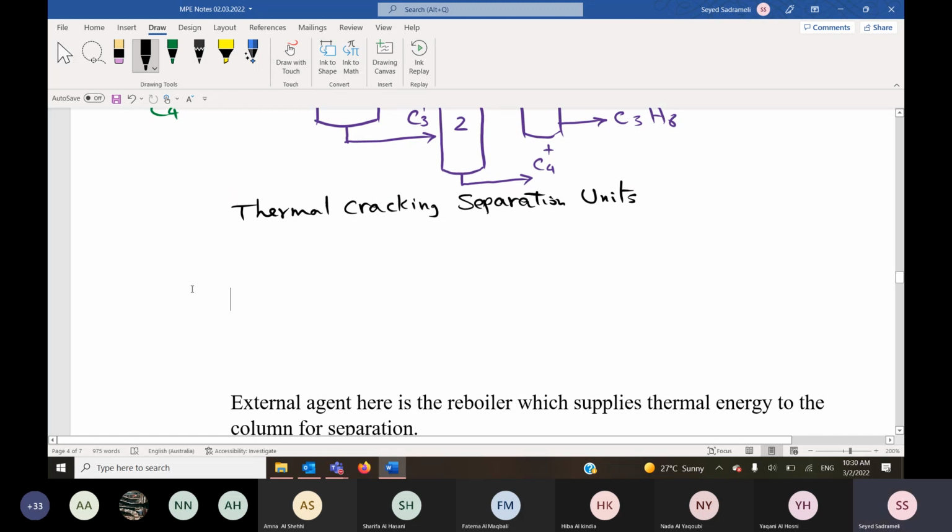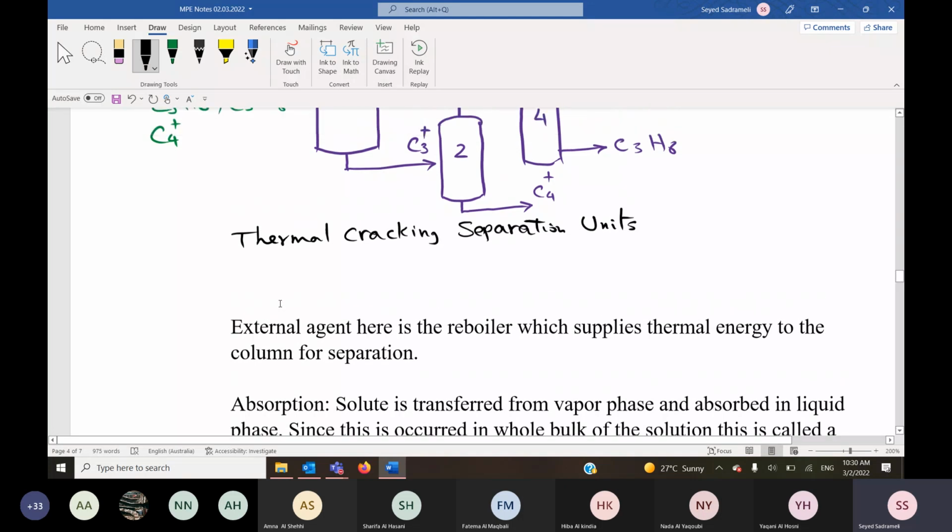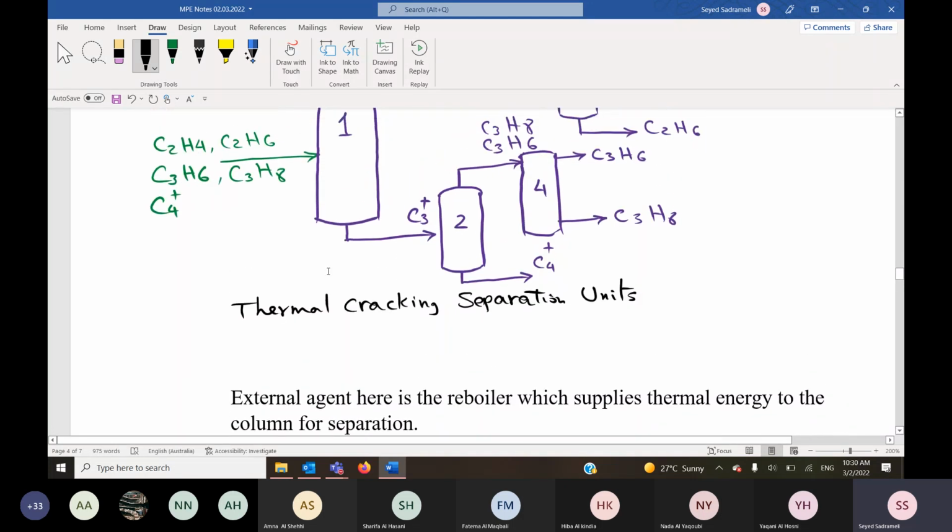So here the external agent is the reboiler, which supplies thermal energy to the column for separation. I didn't draw the reboiler here, but normally we have a reboiler at the bottom.